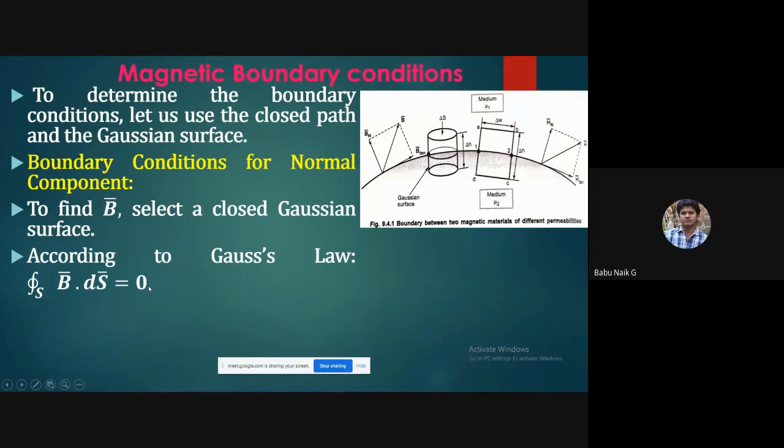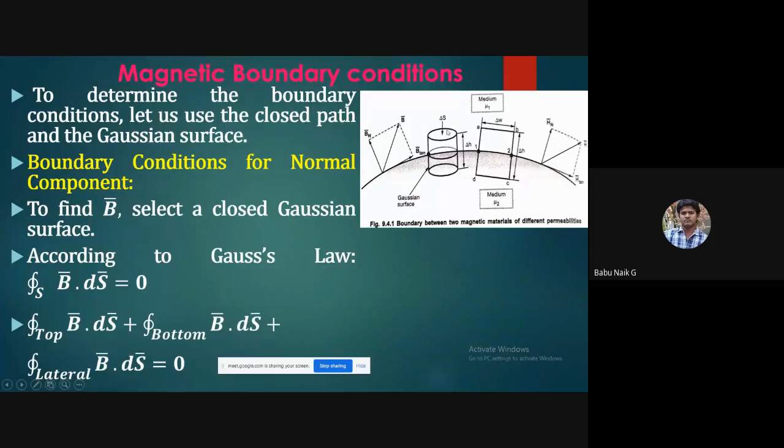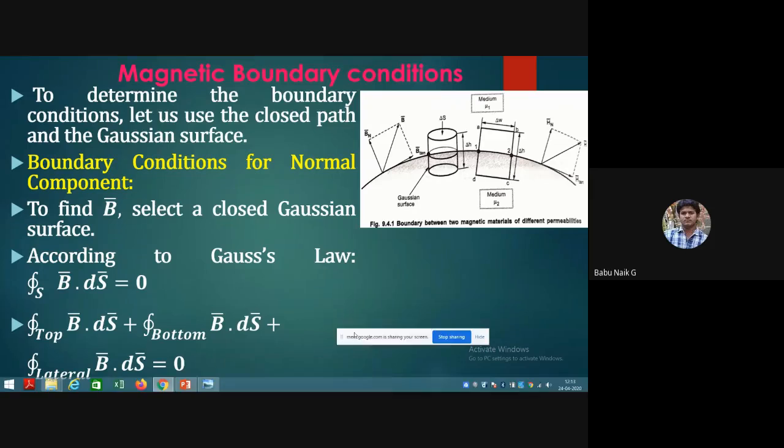So by applying the Gauss law to the cylindrical shape, we have the top surface of the magnetic field, the bottom surface, and the side surface.